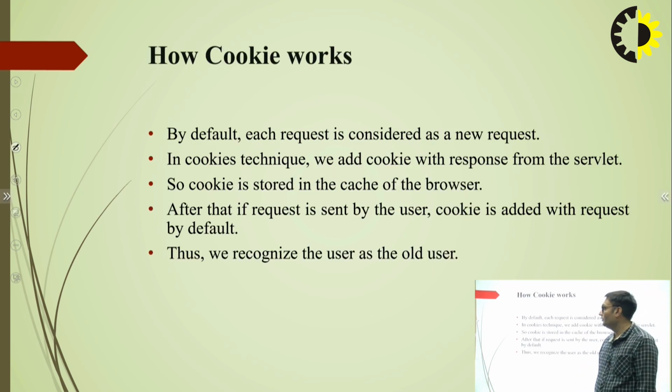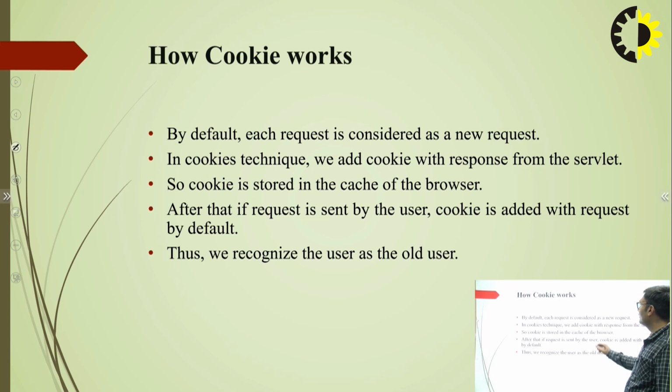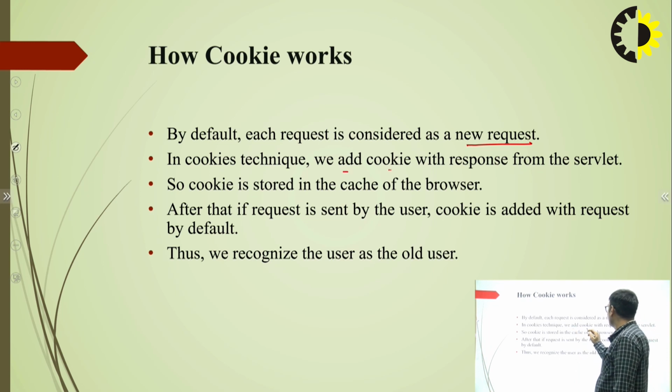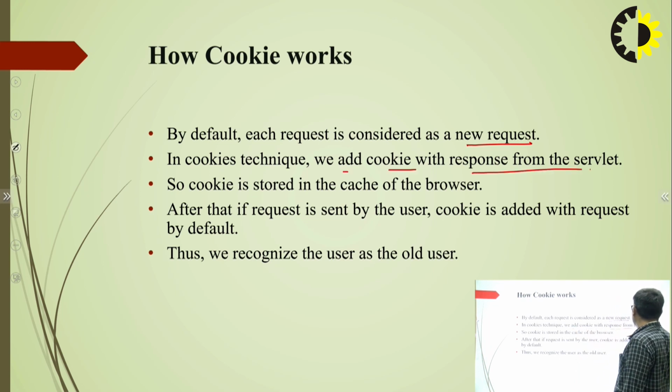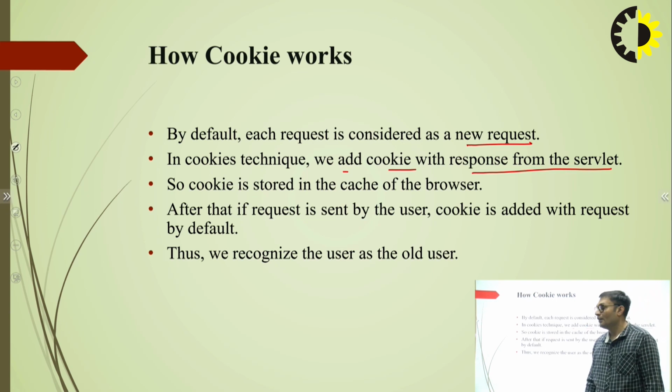How does a cookie work? By default, each request is considered as a new request. And in the cookies technique, we add the cookie with the response from the servlet. So when the servlet responds, we add the cookie, right?